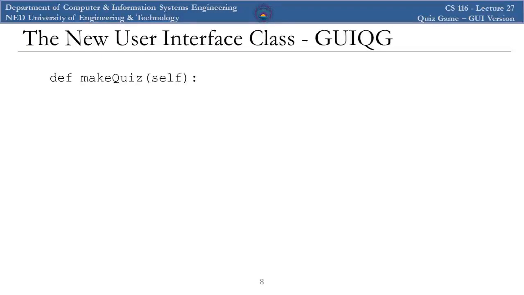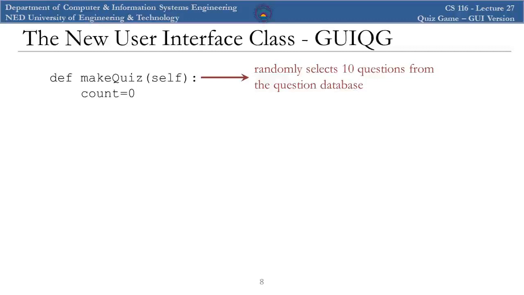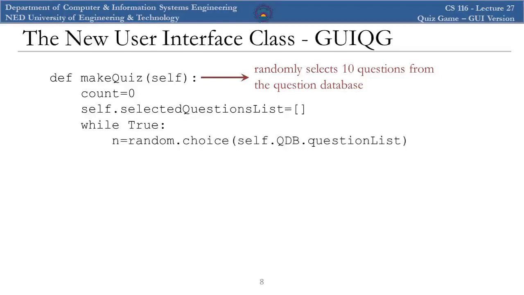Now let's quickly see this make quiz method. It randomly selects 10 questions from the question database, which was maintained in that QDB instance variable. So okay, this count will keep track of those 10 questions. This is my new instance variable selected questions list, where I'll place those randomly selected questions. This is an infinite loop. Okay, this is randomly selecting a question from that list.